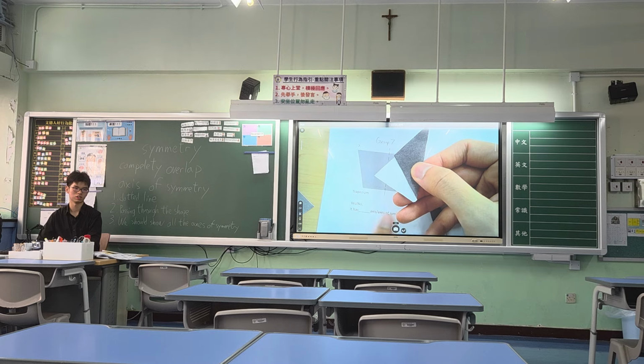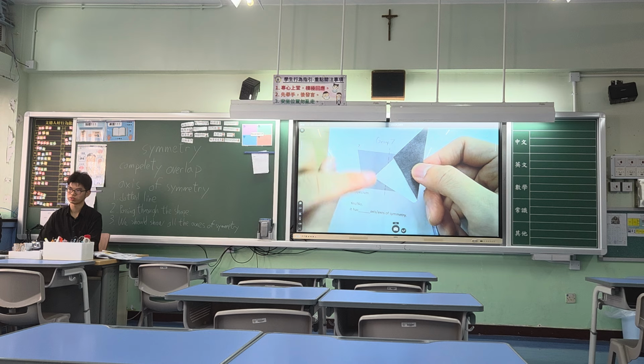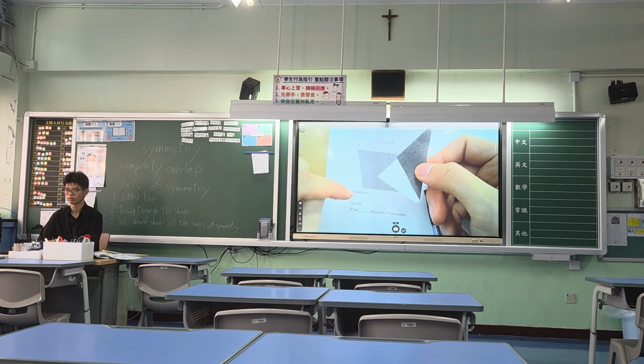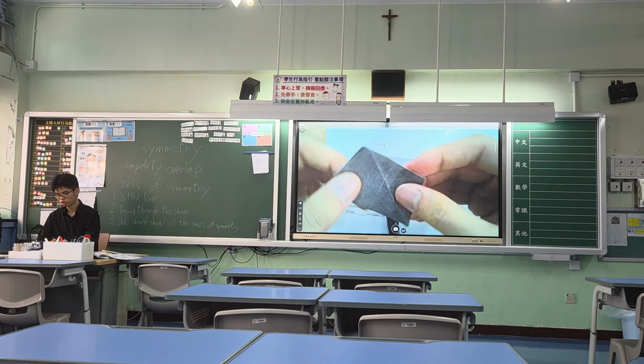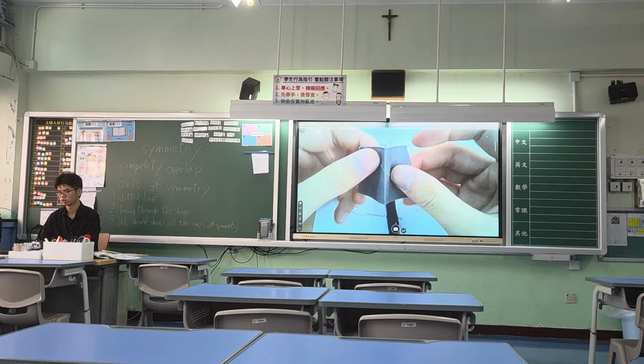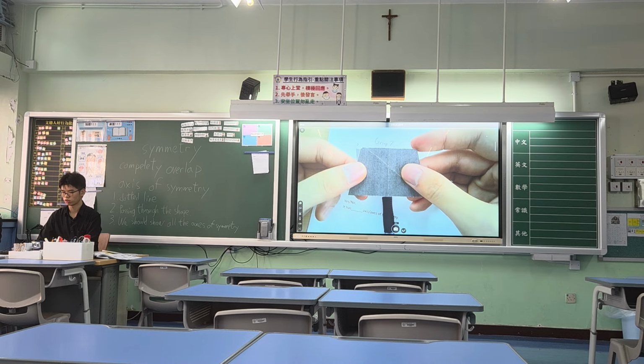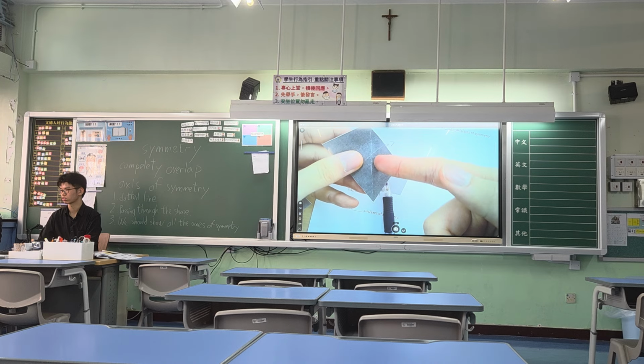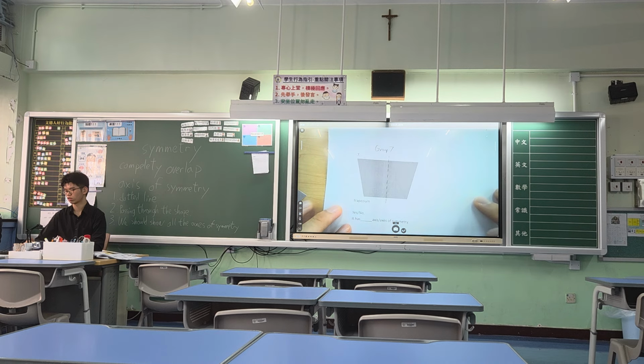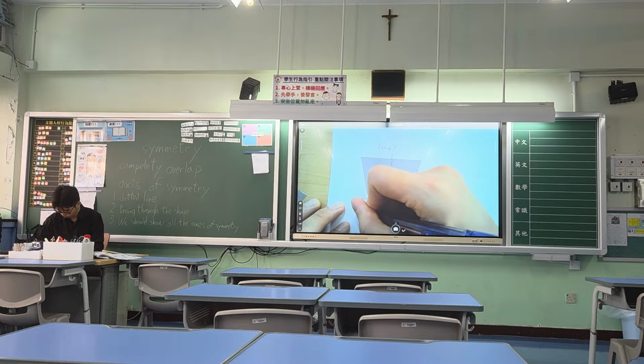You can see the white part here. Also, can you observe the white part here? Great. So there is only one axis of symmetry of a trapezium. It's like this. Okay. This is not an axis of symmetry. Great. Group 7. You have done a great job.